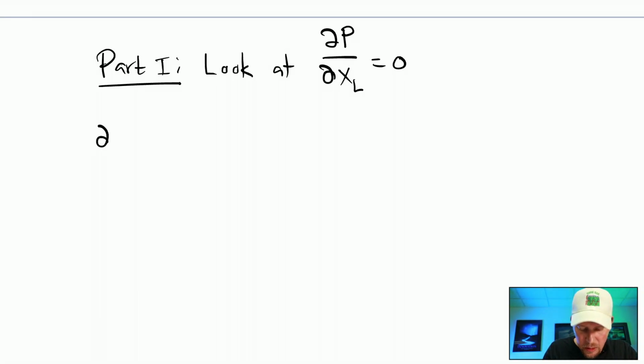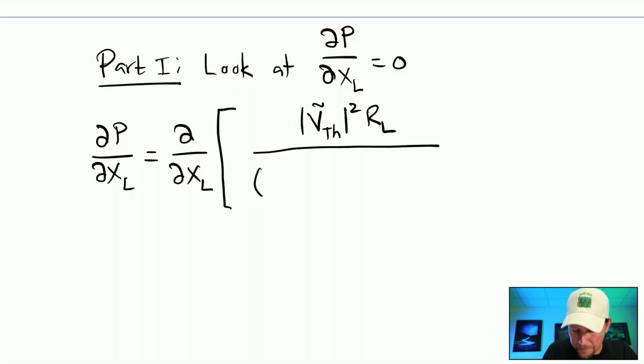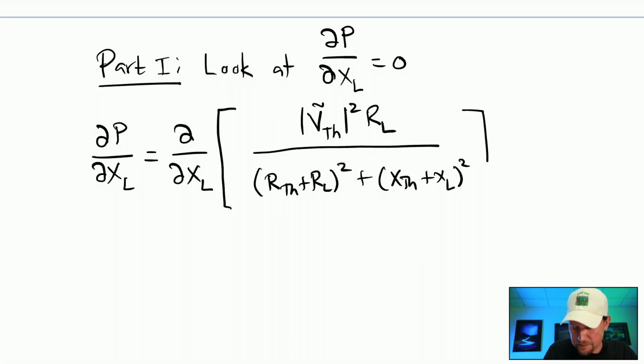So here, the partial of the power with respect to the load reactance is the partial with respect to the load reactance of the magnitude of the Thevenin voltage squared times load resistance divided by the Thevenin resistance plus load resistance, quantity squared, plus the Thevenin reactance plus load reactance, quantity squared, like this.